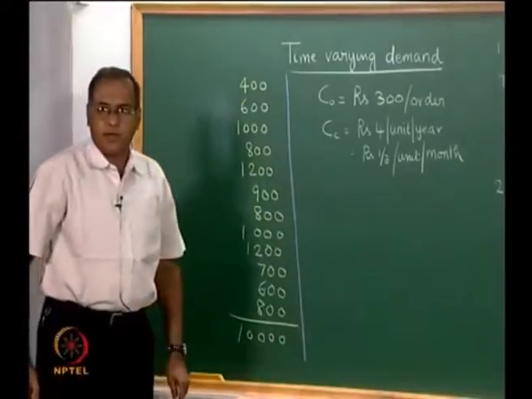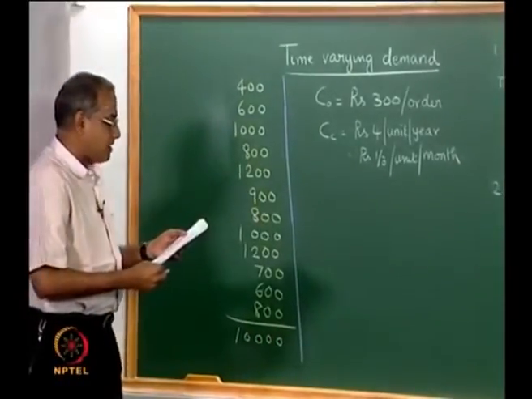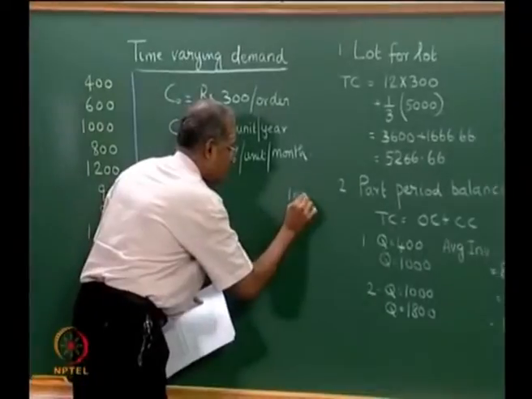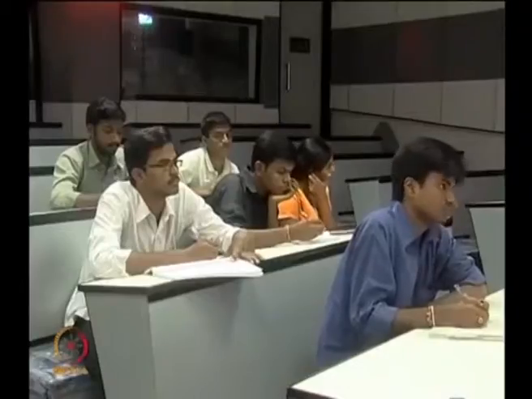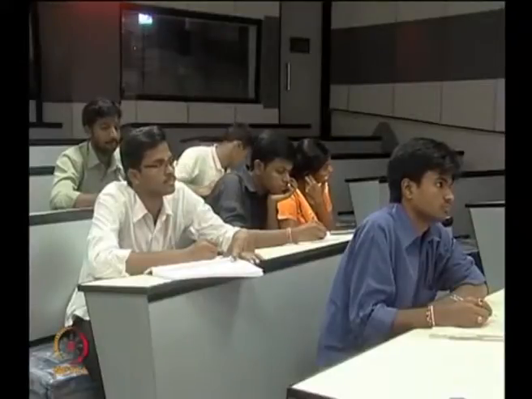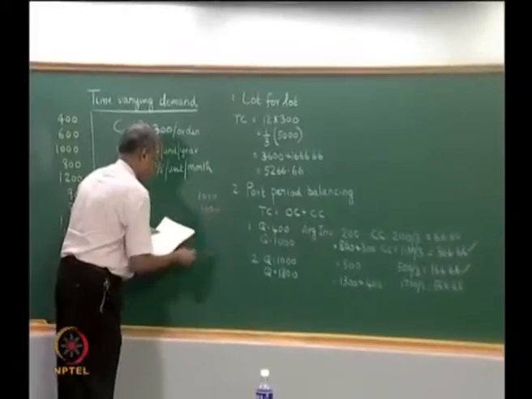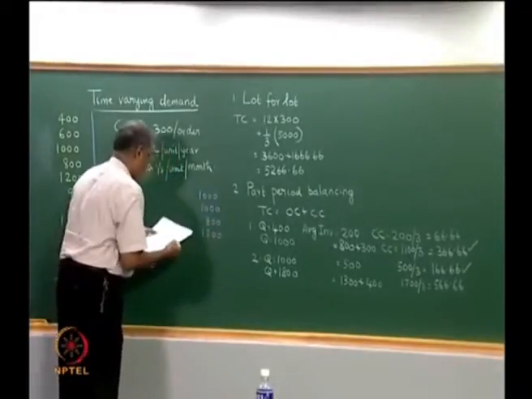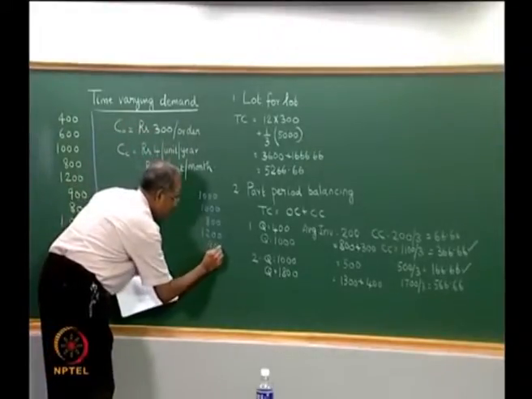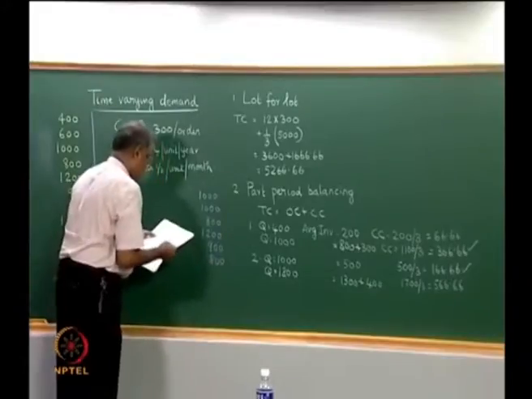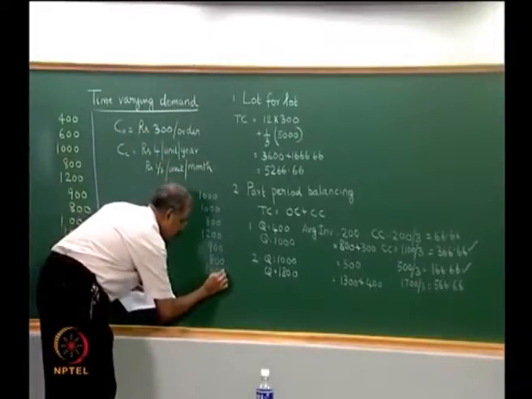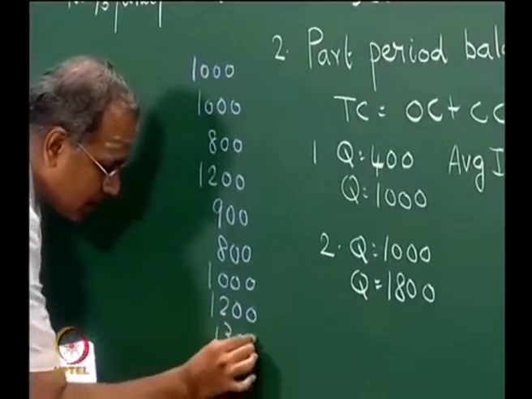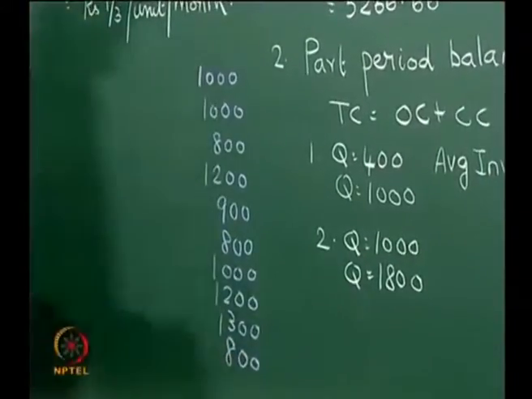So when we complete the part period balancing heuristic, our order quantities will be 1000, another 1000, 800, 1200, 900, 800, 1000, 1200, 1300 and 800.